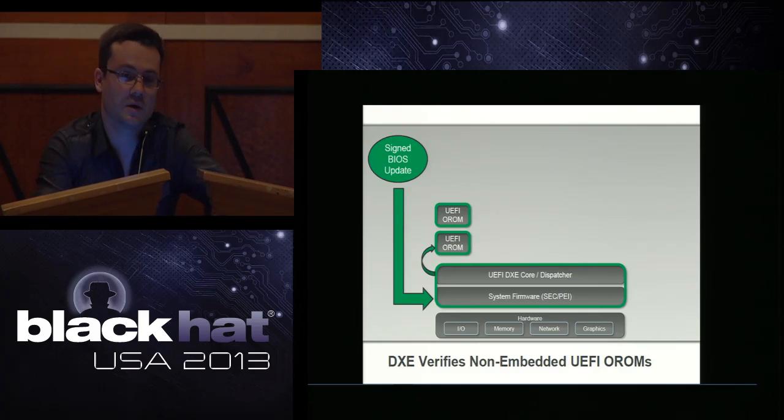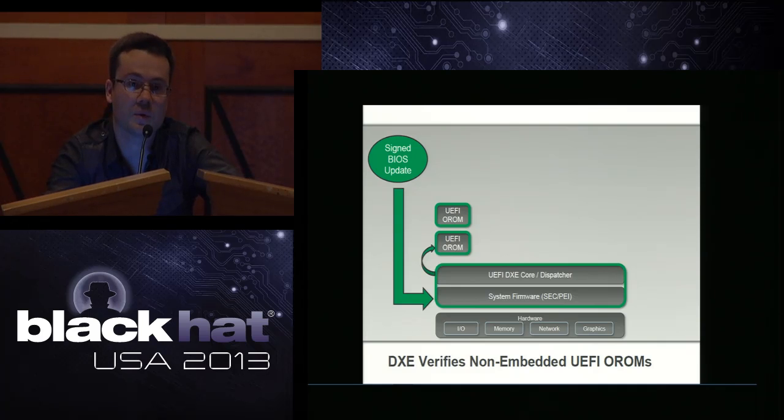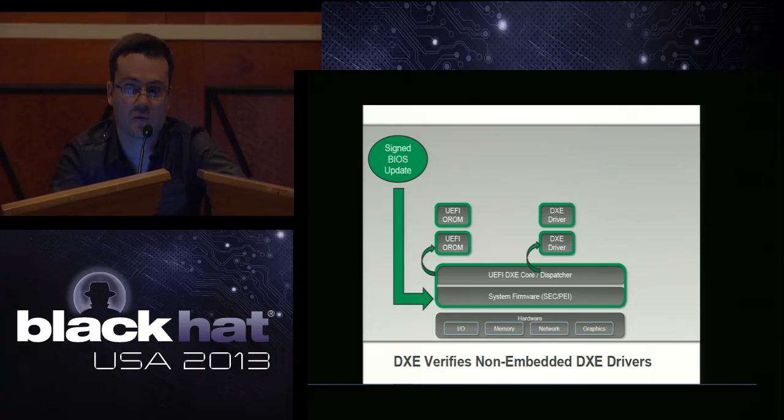So once this immutable piece of firmware is established and secured through the update mechanism, then it can do the checks on the further components. For example, the option ROMs are all validated, the signatures are validated, or the hashes are validated before dispatching an option ROM.